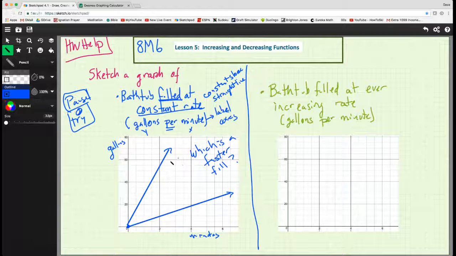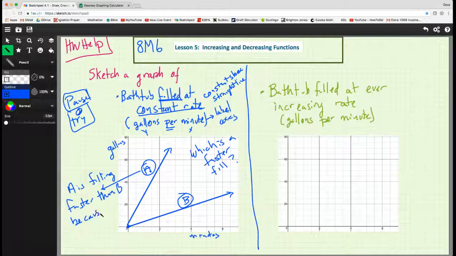Well, for those of you that said this one, it's A or B. And the answer is A is filling faster than B because its slope is greater.